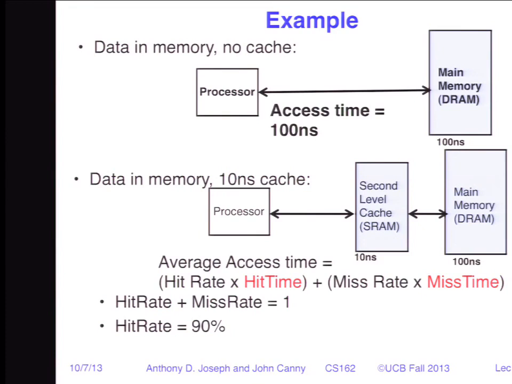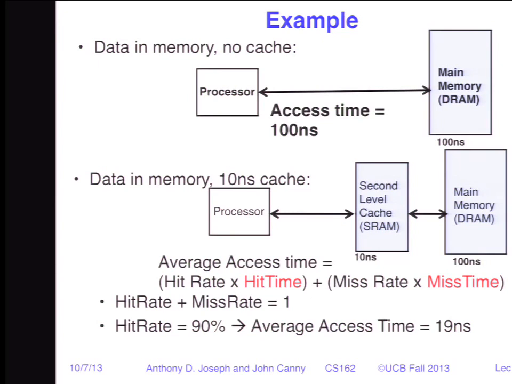And our miss rate is 1 minus our hit rate, so 0.1 times 100 is 10. So we end up with 9 plus 10, 19. So we're doing much better than 100 nanoseconds, but we're not doing quite as well. We're at almost double our access time for the cache.